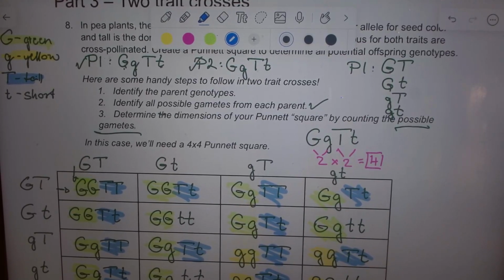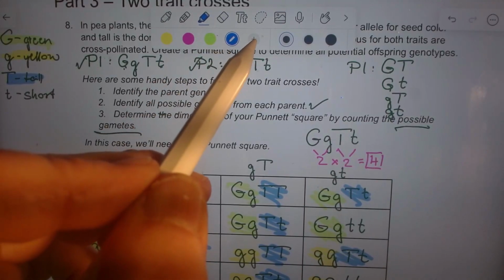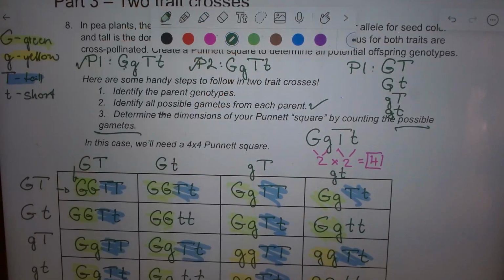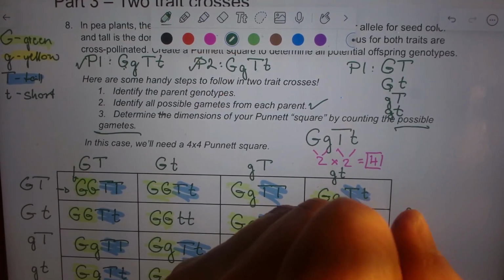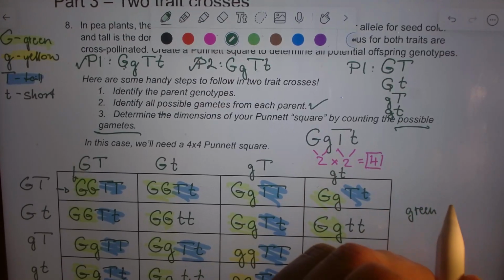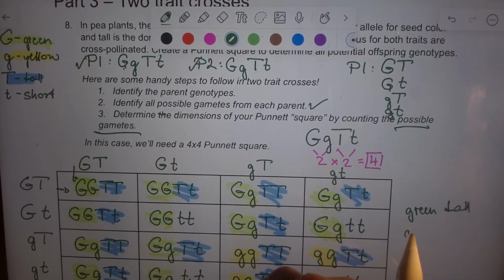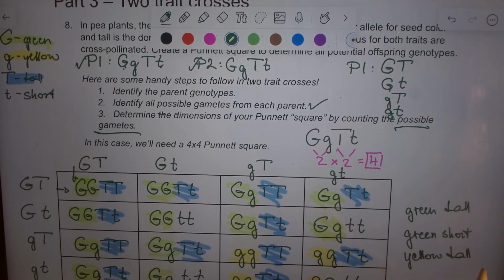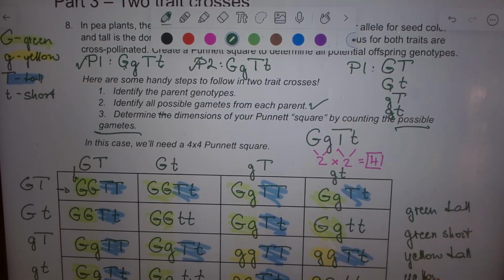Okay, and what is the phenotypic ratio of the offspring? We have the green tall, green short, yellow tall, and yellow short.